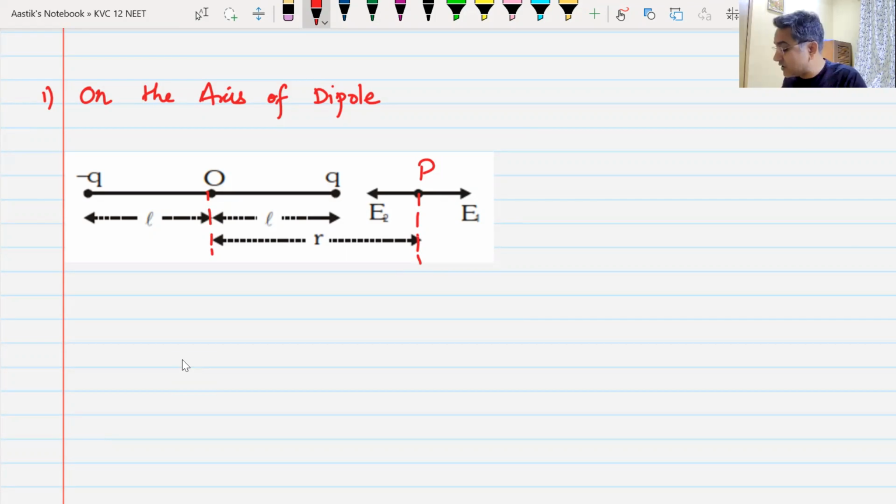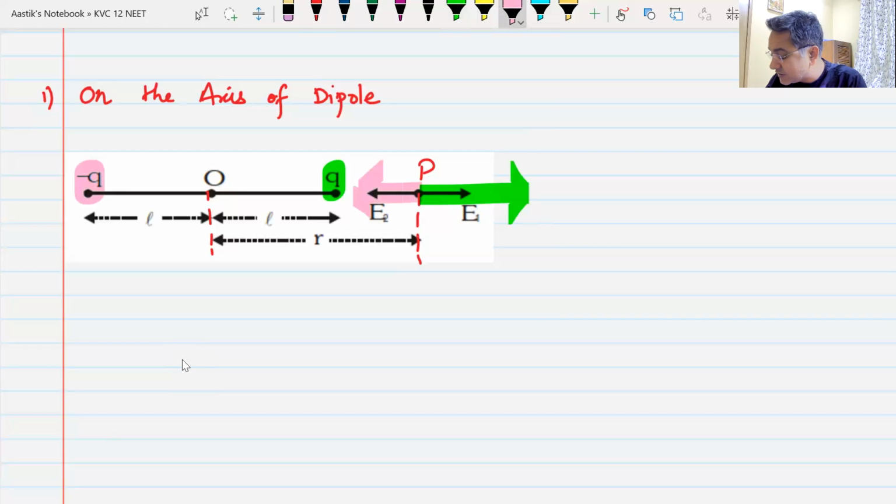Now, this positive charge will create an electric field in this direction because it will be going away. Do we understand this? This is the electric field created by the positive charge. Then the negative charge, let me call it the pink charge. This pink charge will create a field in this direction. Which field will win?